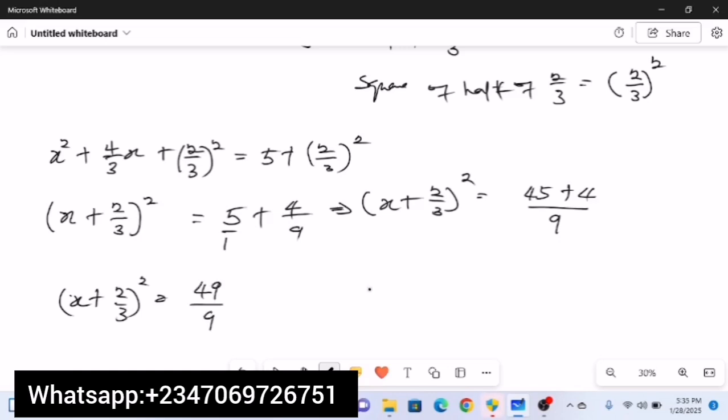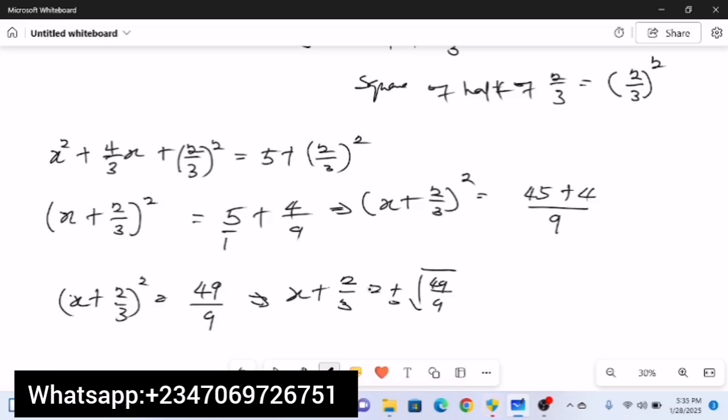So at this point, you can now take the square root of both sides to eliminate that square on the left hand side. So this simply implies x plus 2/3 is now going to be equal to, since you're taking a square root, don't forget to include your plus or minus sign. So plus or minus square root of 49 all over 9.